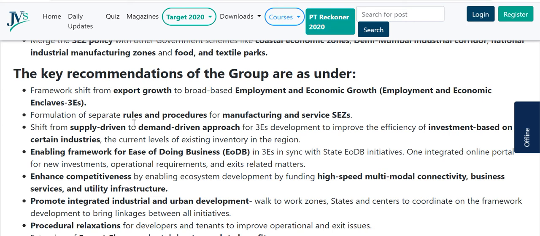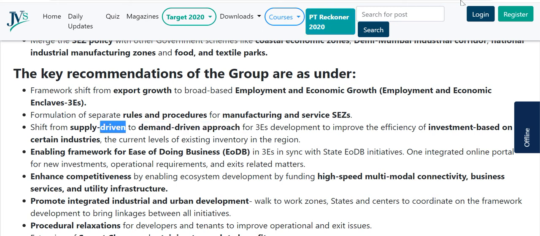This was another recommendation: the SEZs whose main objective is export promotion of manufacturing articles and export promotion of services, these two sectors should have separate rules and procedures. And the other important thing was they would have a demand driven approach instead of a supply driven approach.